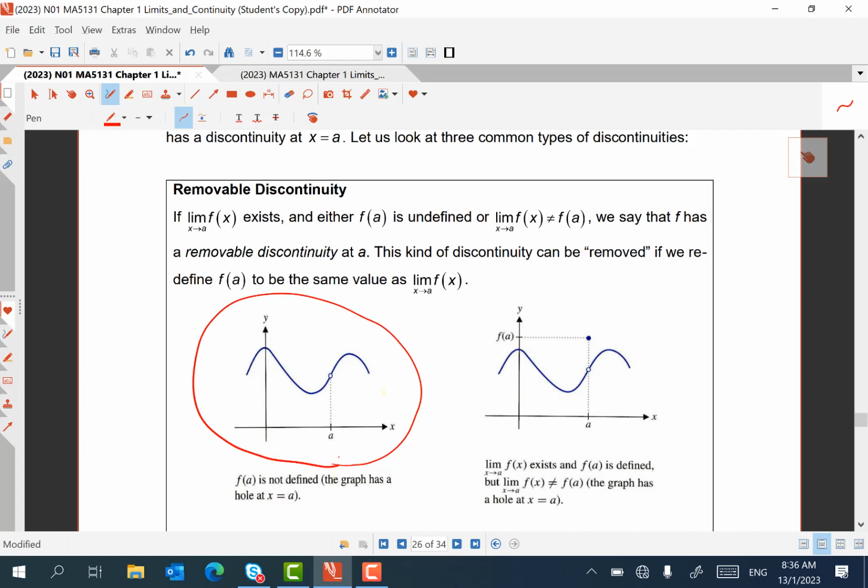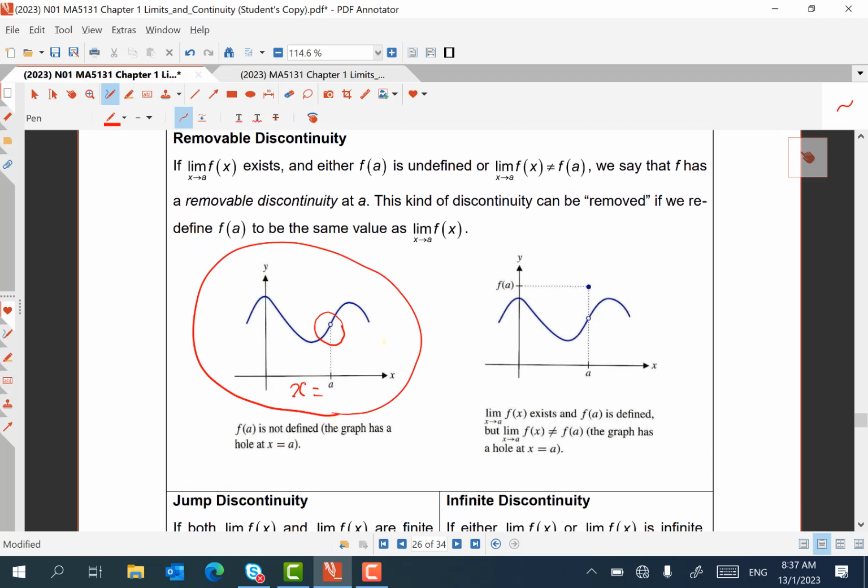It is discontinuous at the point x equals a. At this point it is undefined, and therefore there is a brokenness. This discontinuity is described as removable because you can remove it by redefining the function value at a.